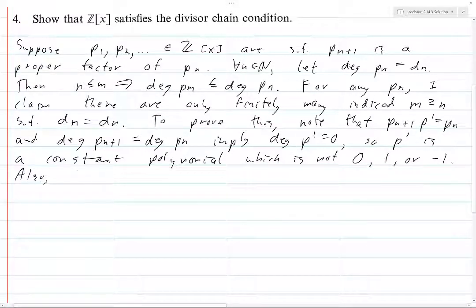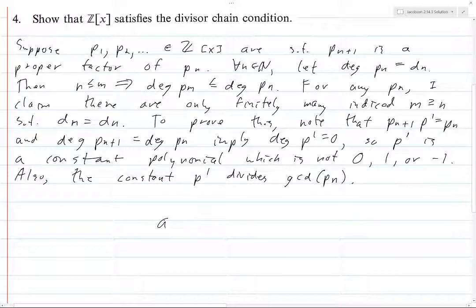Also, the constant P prime divides the greatest common divisor, the GCD, of Pn. What I mean by that is the greatest common divisor of all coefficients of the terms of Pn.